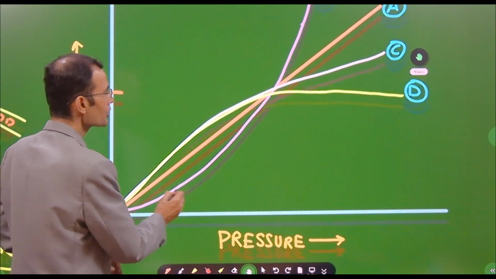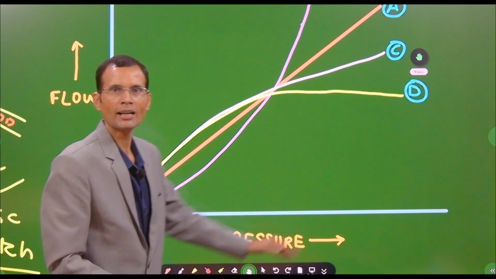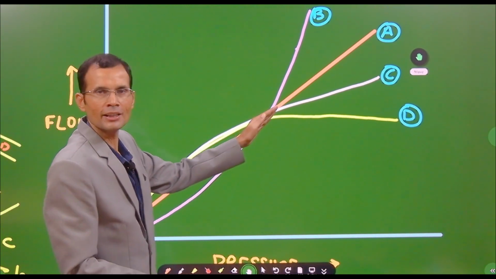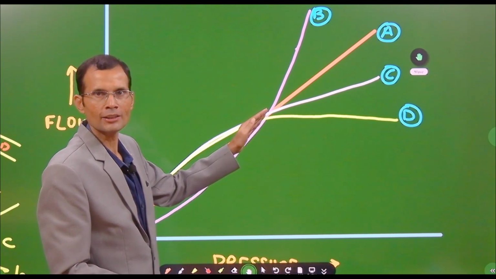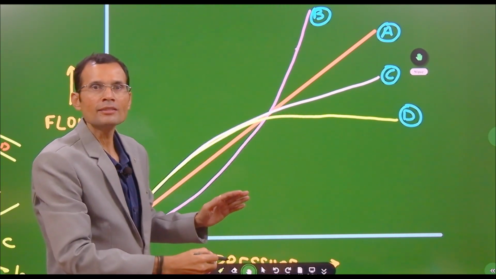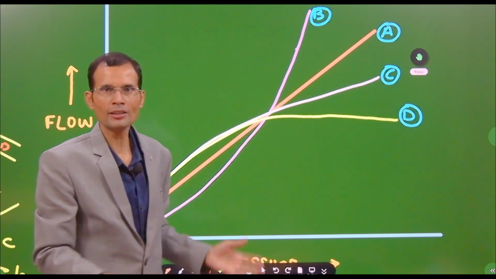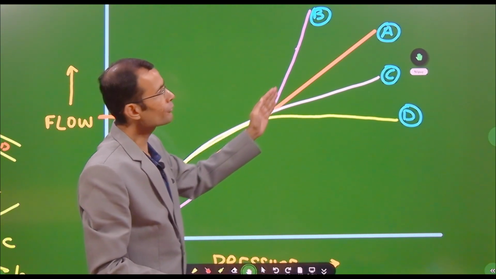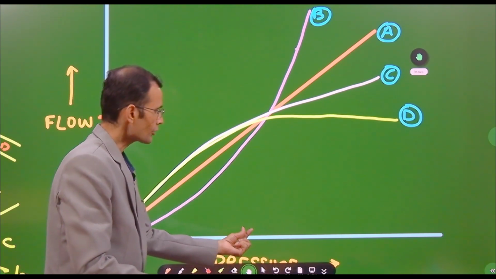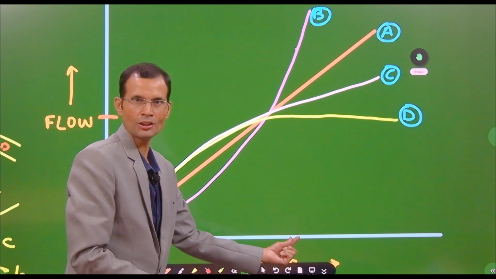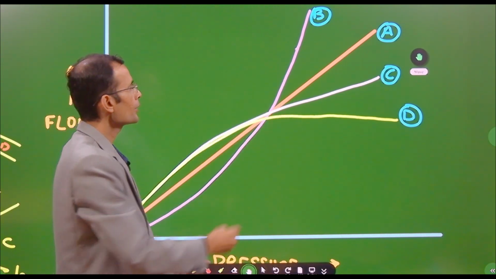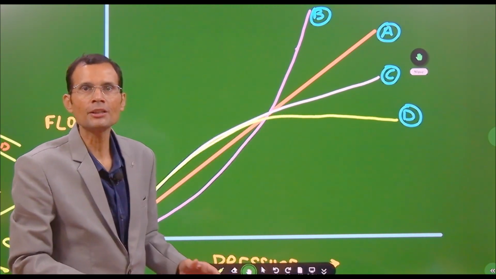As you increase the pressure on the horizontal axis, you can see that the flow is increasing almost in a linear fashion to a certain extent, and then the flow has steeply increased beyond a certain point. The flow has further increased very steeply, and by steeply I mean for a small increase in pressure there is a great rise in the flow. That is how you can explain B.